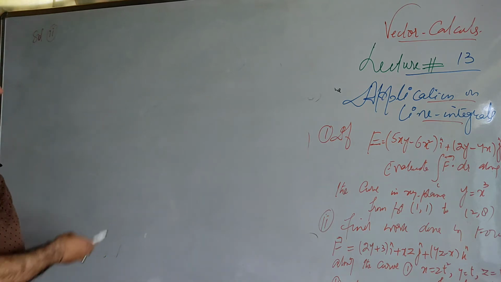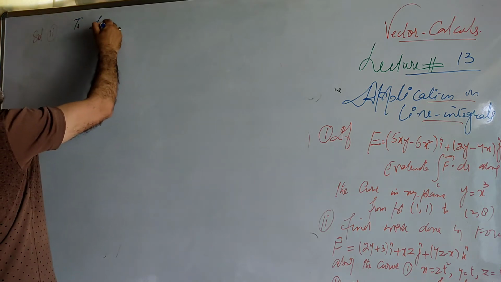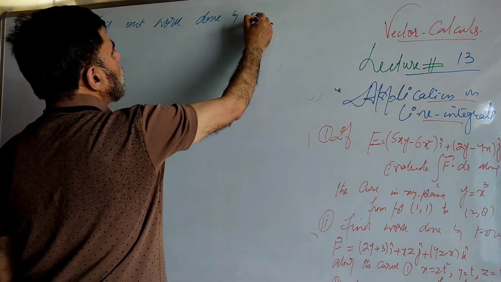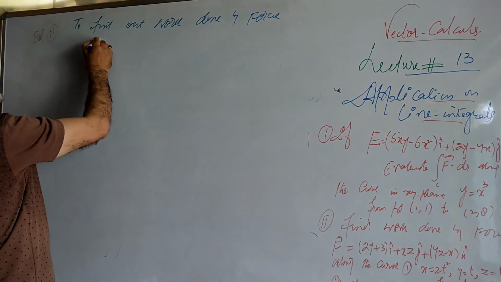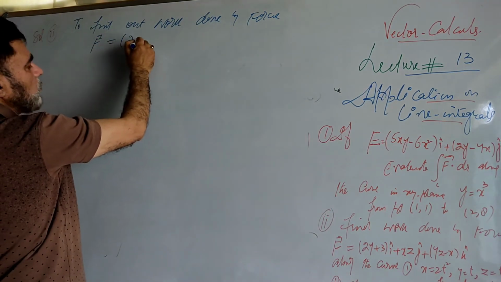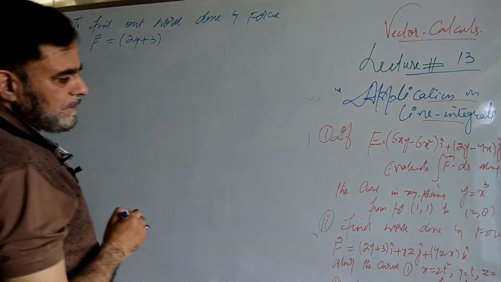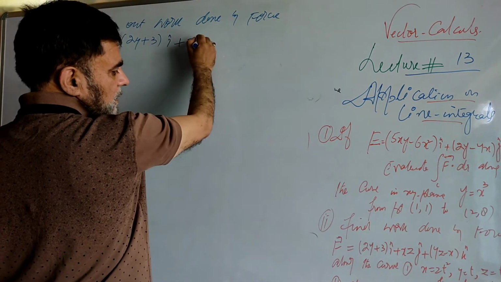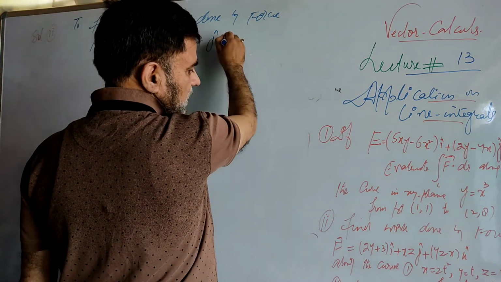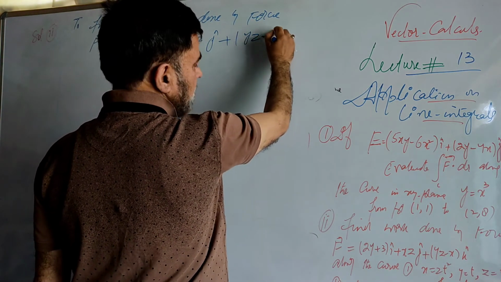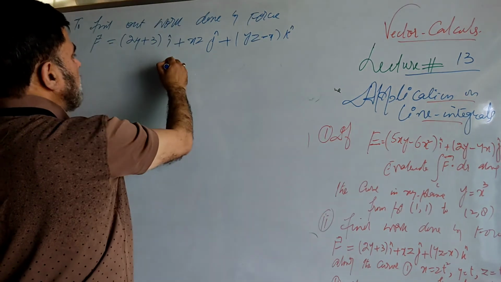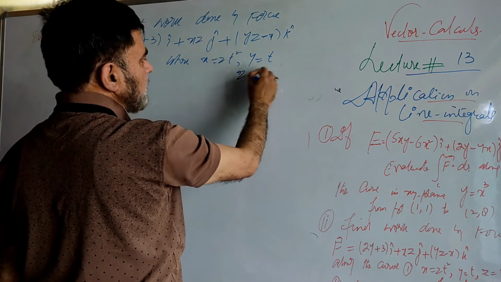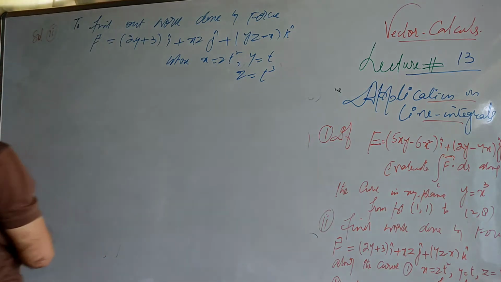You have to find the work done by force F is 2y plus 3i plus xzj plus yz minus xk, where x is 2t square, y is t, z is equal to t cube. This is the force.